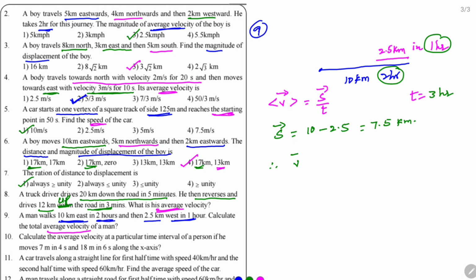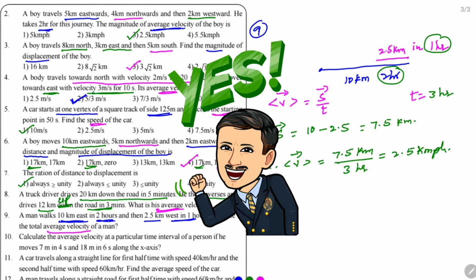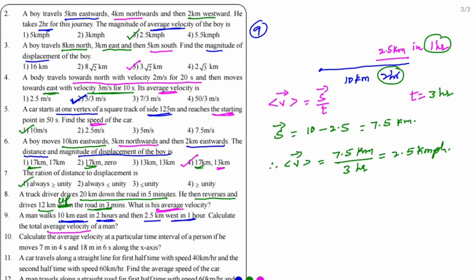Therefore, average velocity is equal to 7.5 kilometers over time of 3 hours. Very simple, which is equal to 2.5 kilometers per hour. Very simple, right, children? Did you get the answer? Yeah, high five to you.